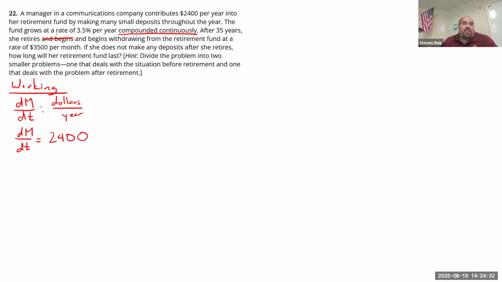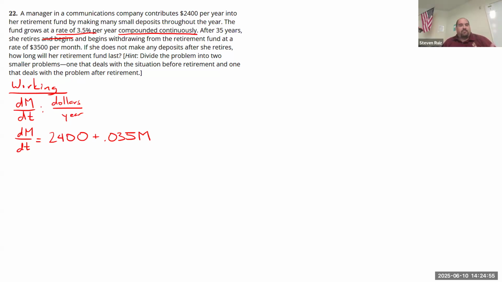And beyond that, we're told what that proportion is. That's what this 3.5% is. So 2,400 plus, we'll convert it to a decimal, 0.035 M. So this is how her account will grow while she's working.